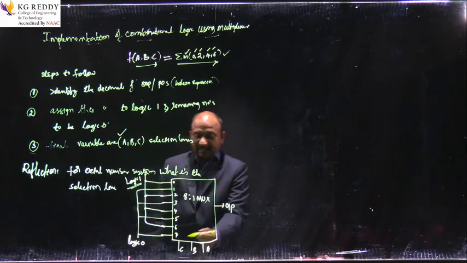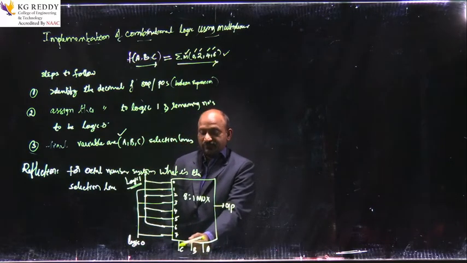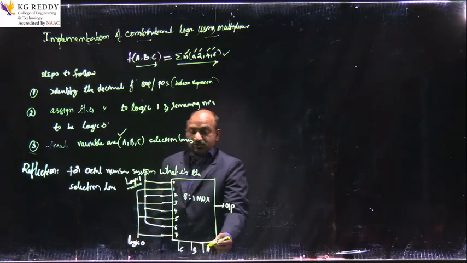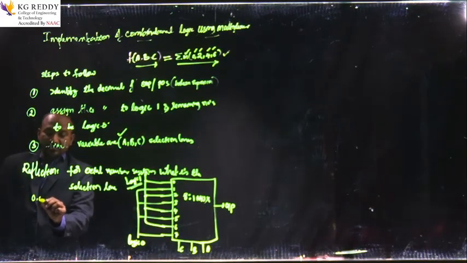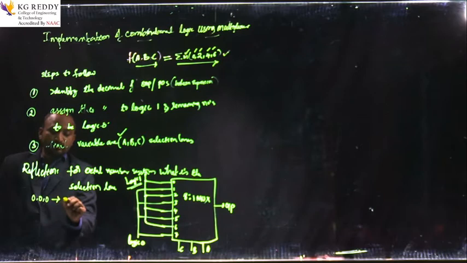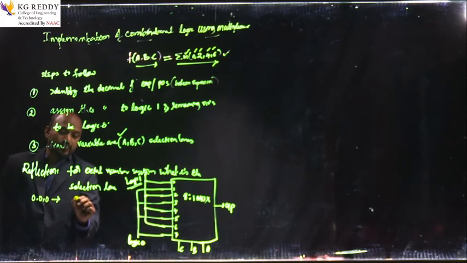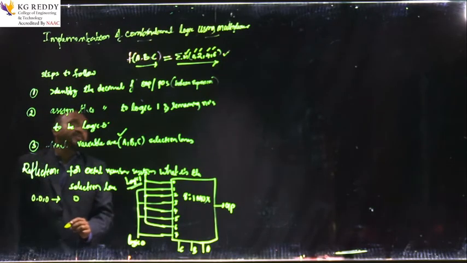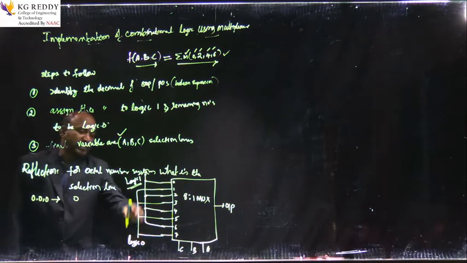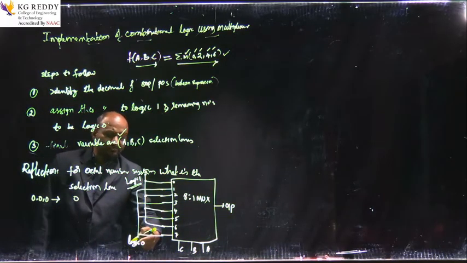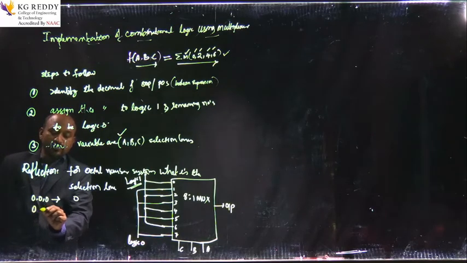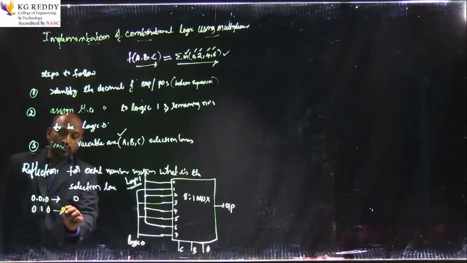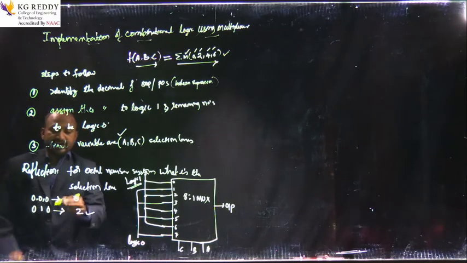Based on the selection lines, if you select 0, 0, 0, then the output is 0. Only logic 1 is activated; remember, logic 0 will not be activated. If you select 0, 1, 0, then 2 will be selected, and so on.